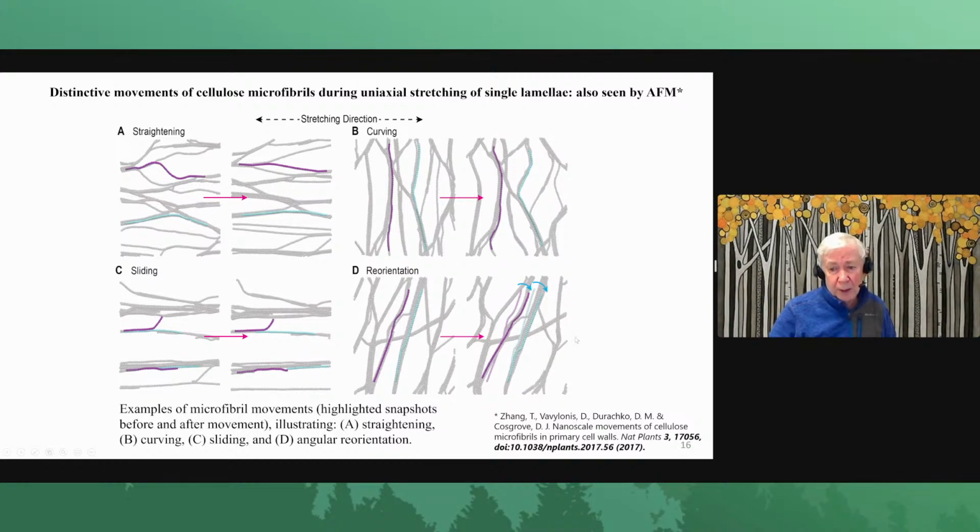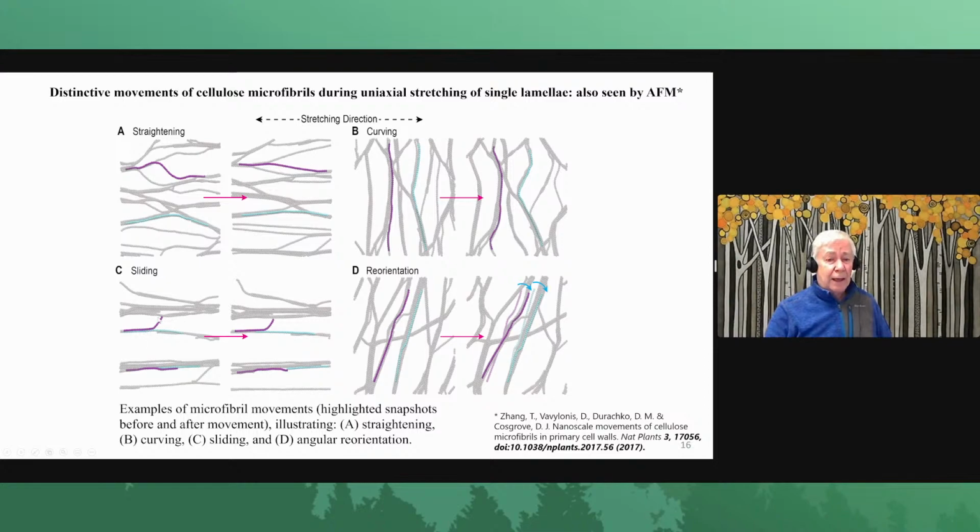We observed those by AFM, and that work was published in 2017 in Nature Plants. So the kinds of behaviors that we saw experimentally were paralleled and matched by what we saw in the coarse grain model. There are two of these behaviors that we think are particularly important for the mechanics. One is the straightening of the cellulose microfibrils. As you stretch the cell wall, you can see a straightening response.